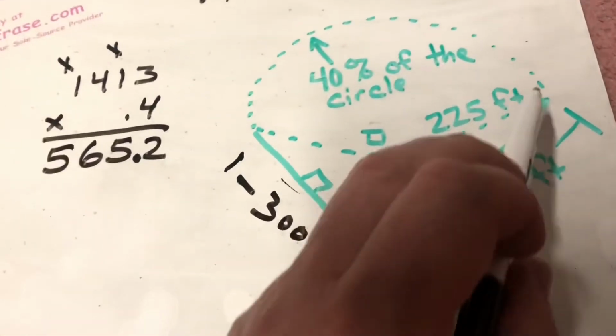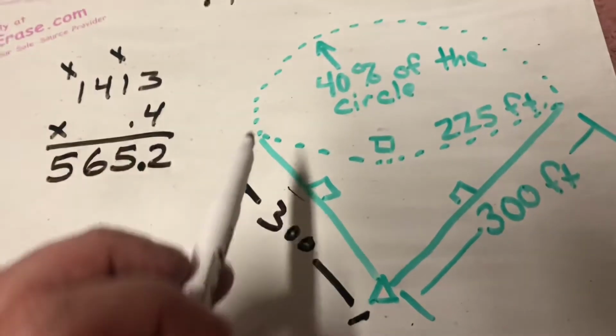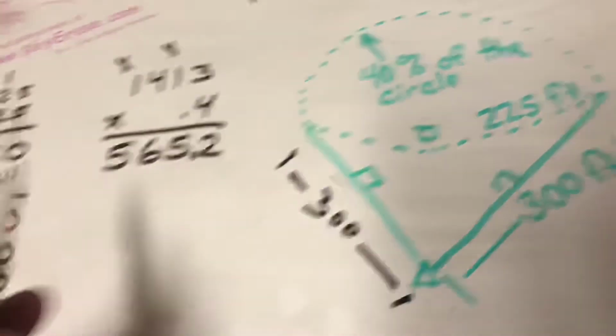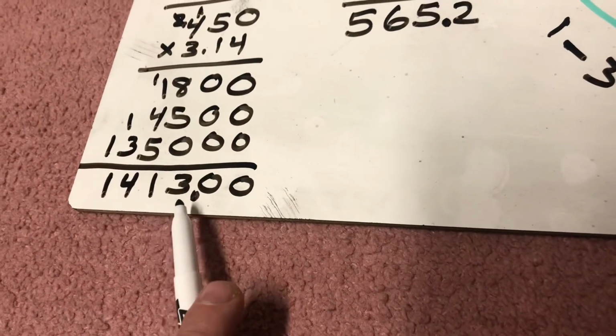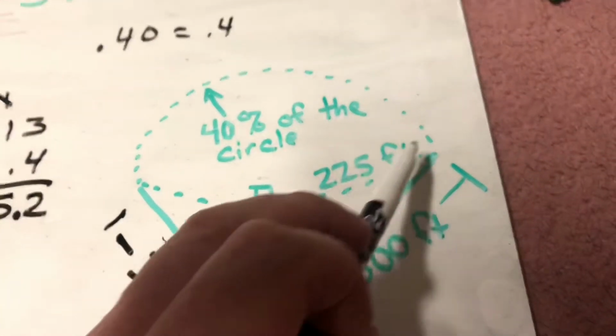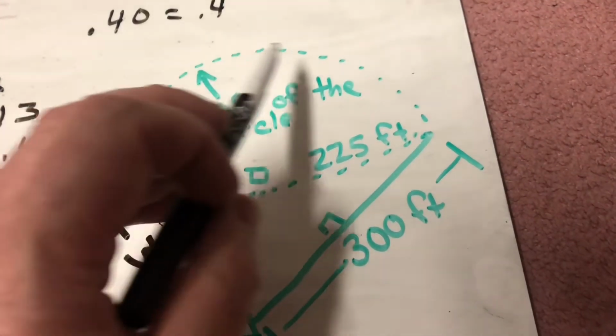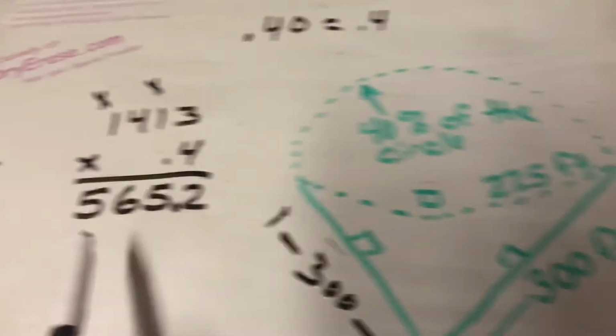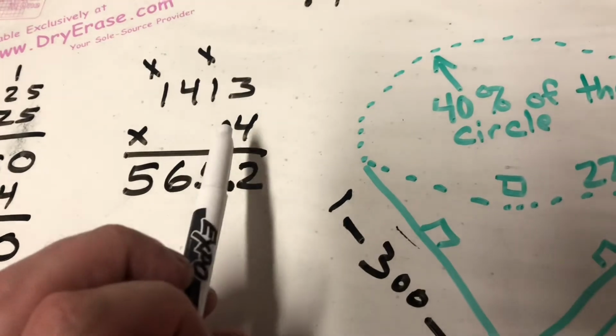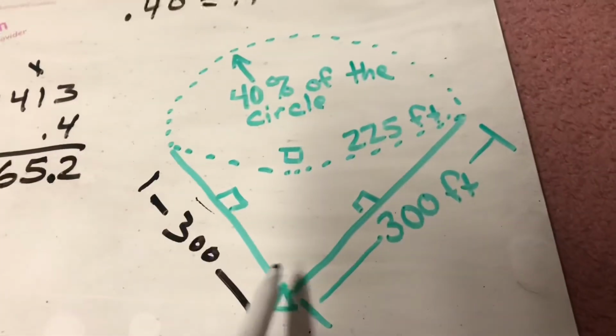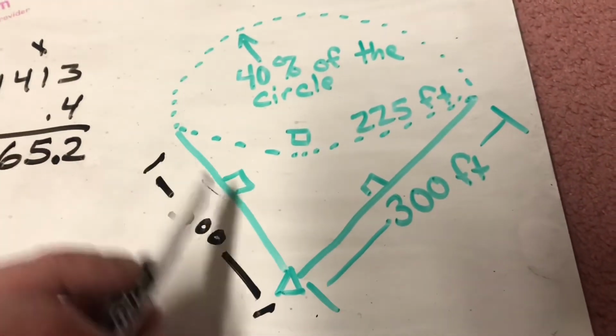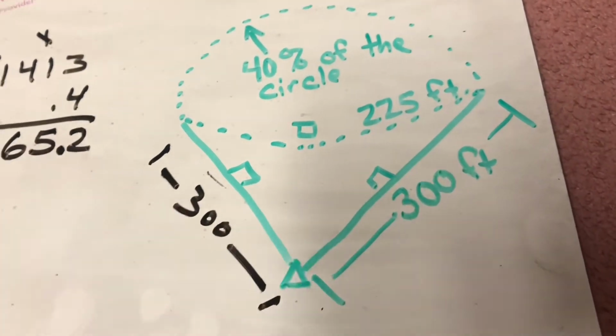But that's just the circle. The entire circle was 1,413, but we're only concerned about the 40% that's here. That's 565.2. We multiplied that by 0.4. But part of the perimeter of the baseball field is the 300 feet here and the 300 feet here.